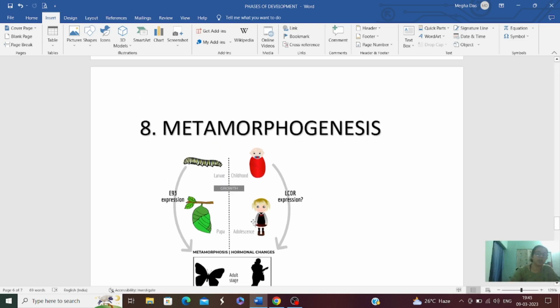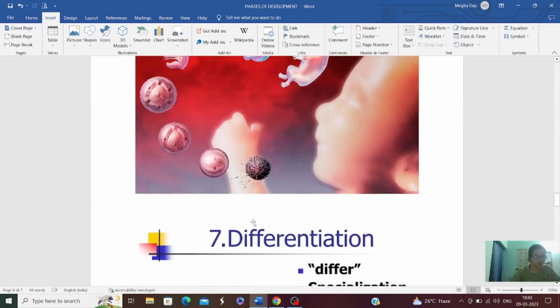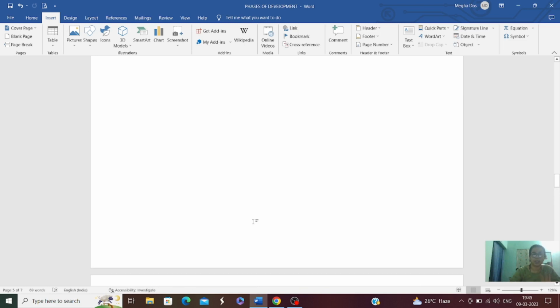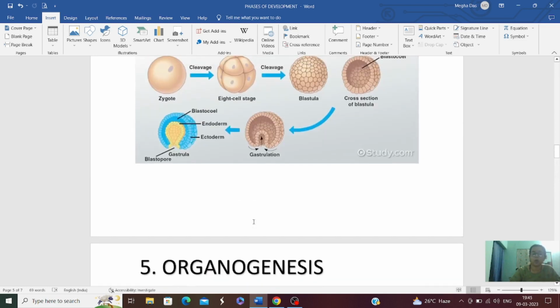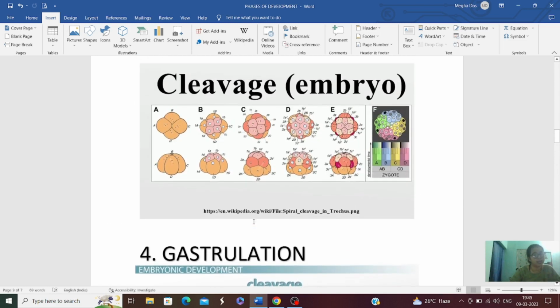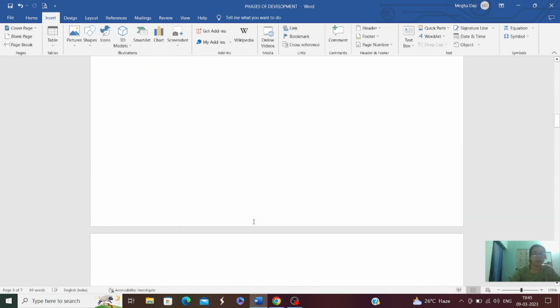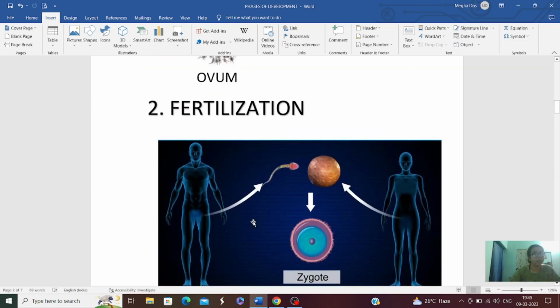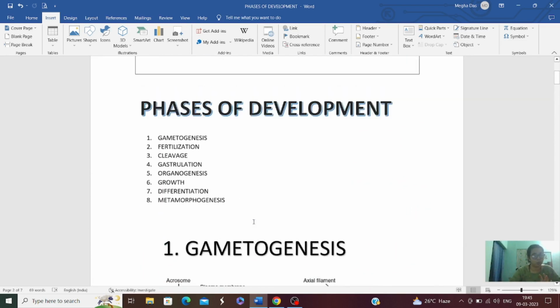Okay, so these are certain developmental phases which the cell has to undergo in order to develop into a fully grown adult. And then finally the process of embryogenesis is over.